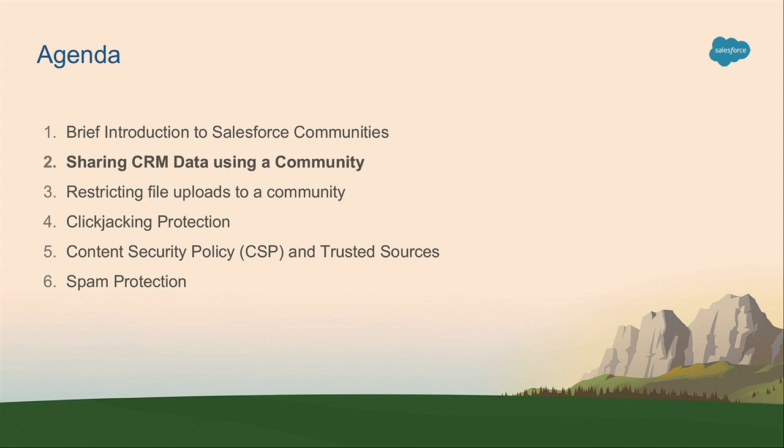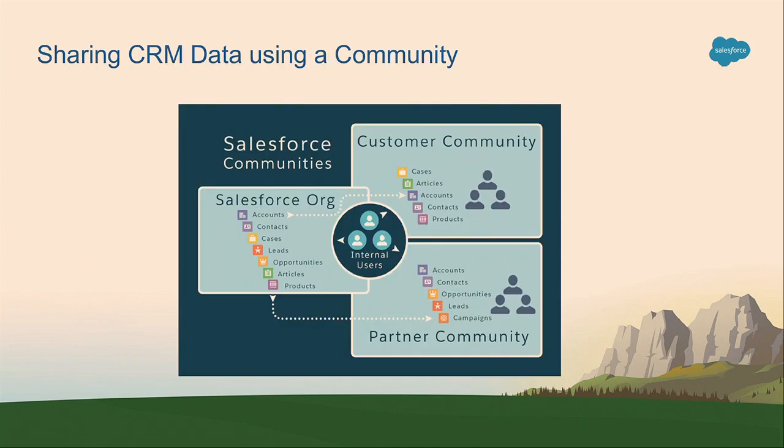All right, so the first topic that we are going to see is how you can expose the internal objects of your org through a community in a secure manner. As you can see on the left here, your Salesforce org will have different objects like accounts, contacts, and cases. And one of the use cases of the community is to expose these objects in a secure manner.